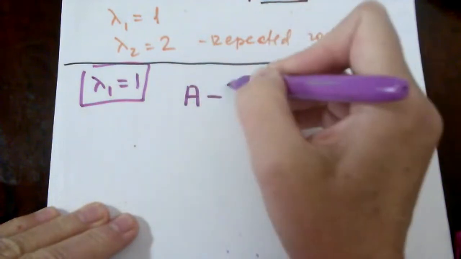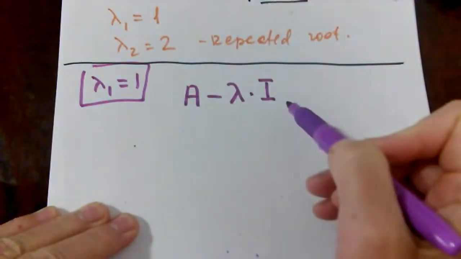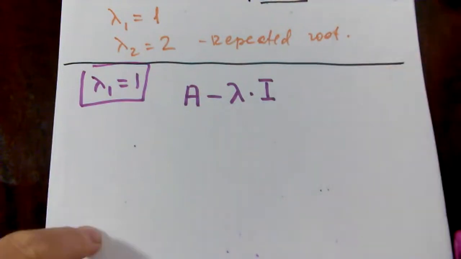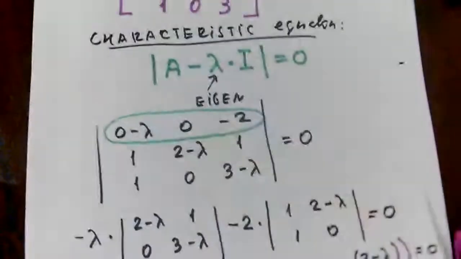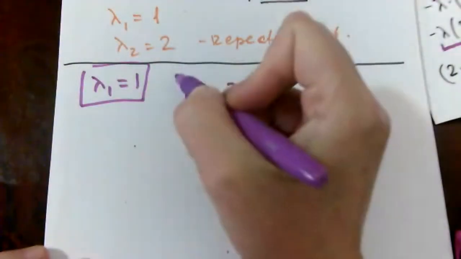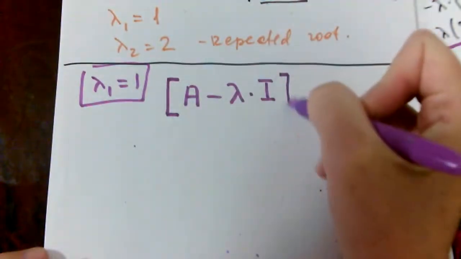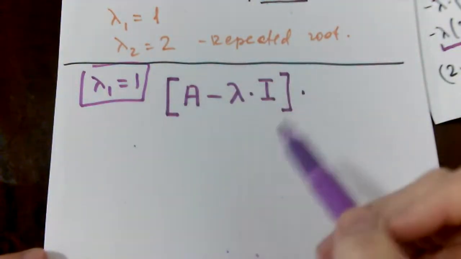Okay, look at this. A minus lambda times the identity matrix. Very familiar expression. We already used it during our first step. Do you remember? It was the characteristic equation. So I'm actually using the same matrix, but this time the difference is that I'm using matrix notation. It won't be a determinant anymore. It will be a real matrix.